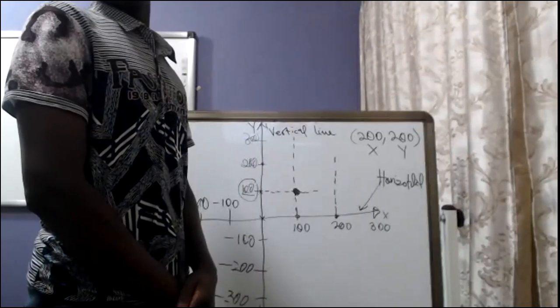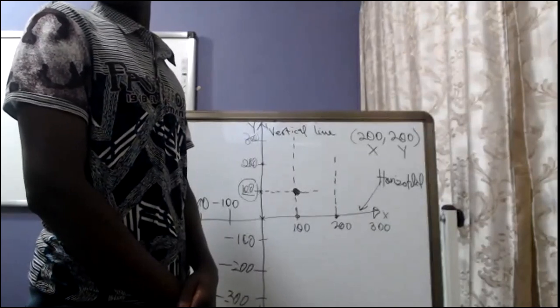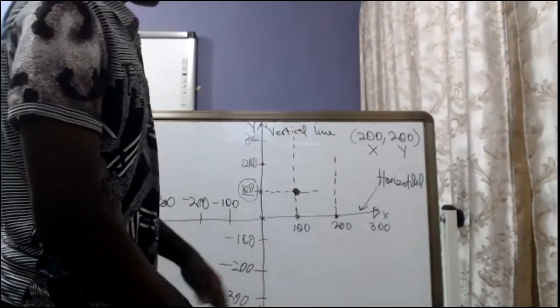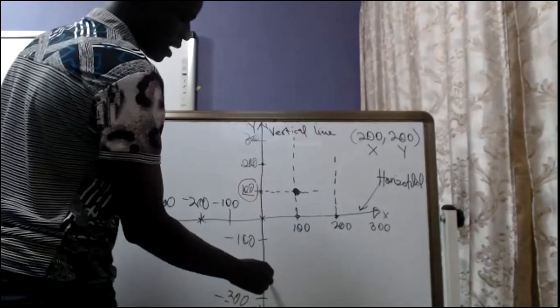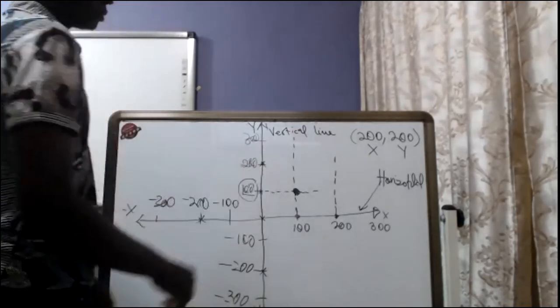So please find where the two lines meet. Show me where 200 is. Is it this one or this one or this one?